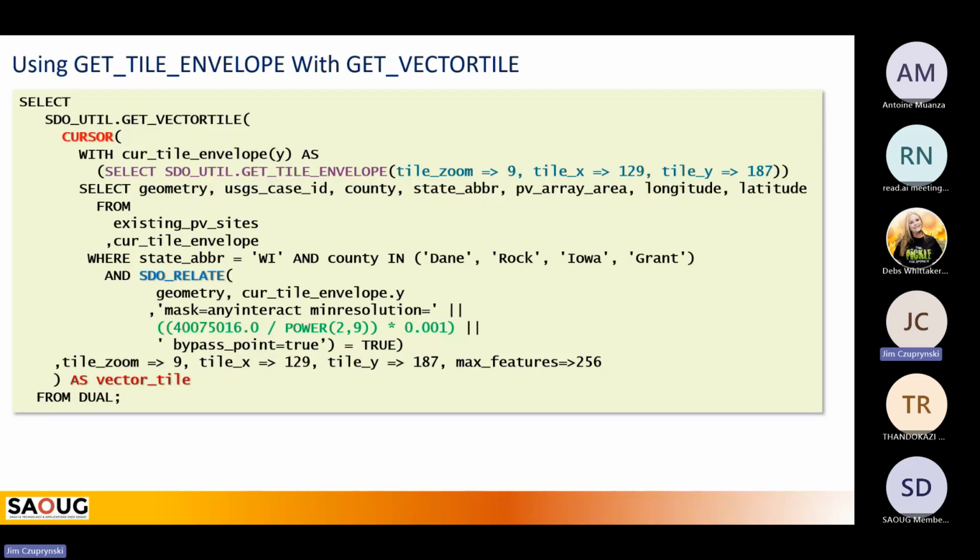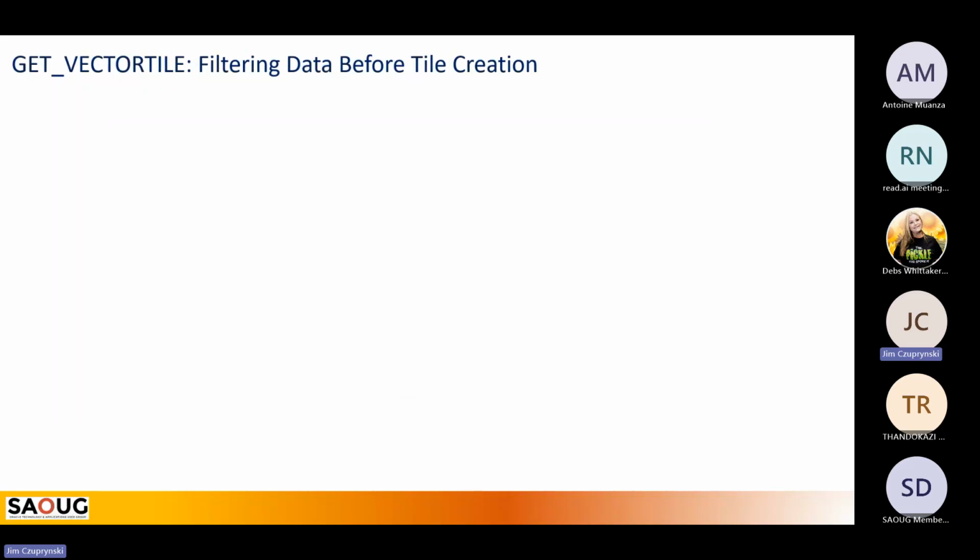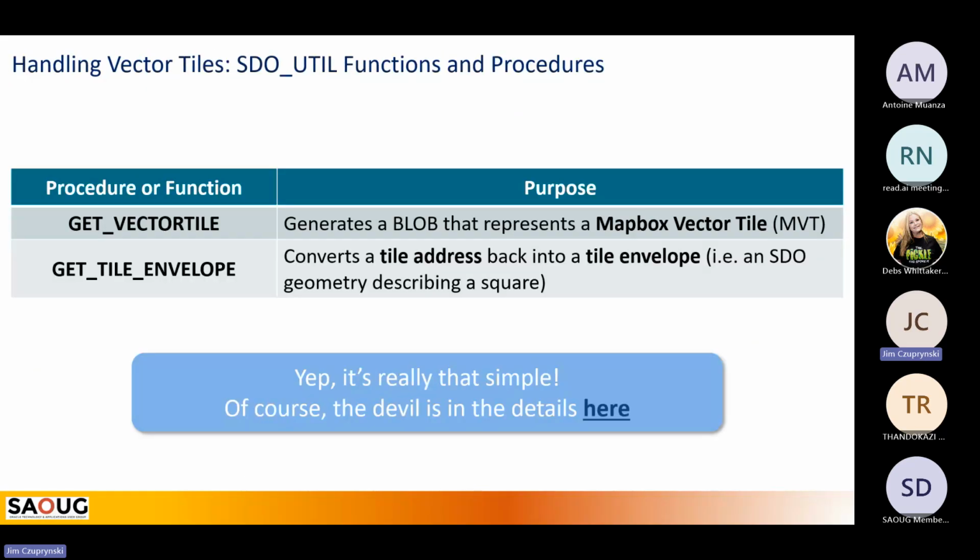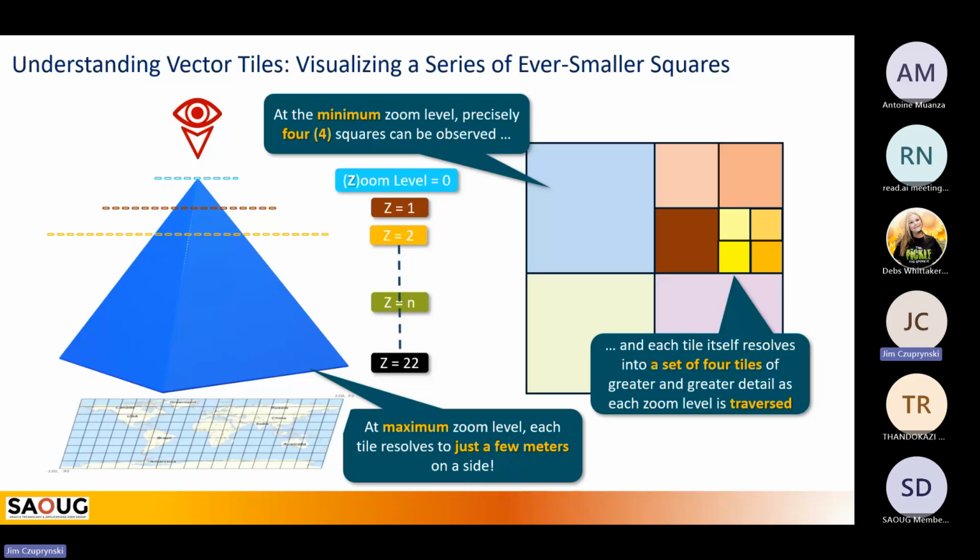But the trickiest part is really just trying to wrap your head around the idea of, yeah, there's a series of X, Y tiles, or a vector tile at a particular location within that XY array. And there's a zoom level aspect. So you have to kind of mentally think, if I go back just a couple slides here, that is probably this concept.